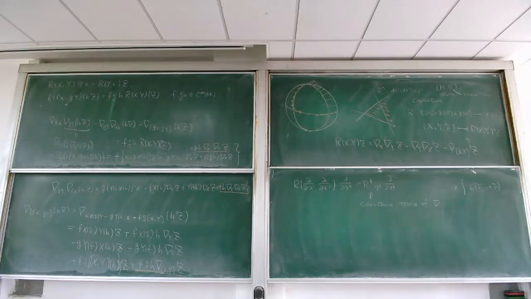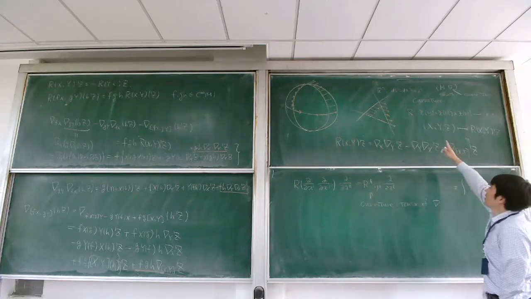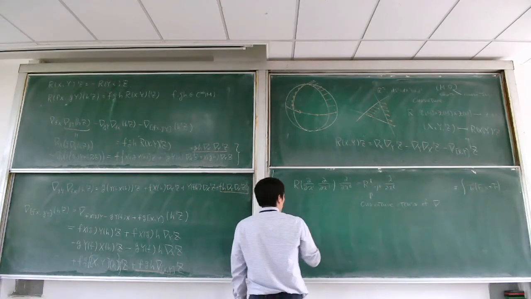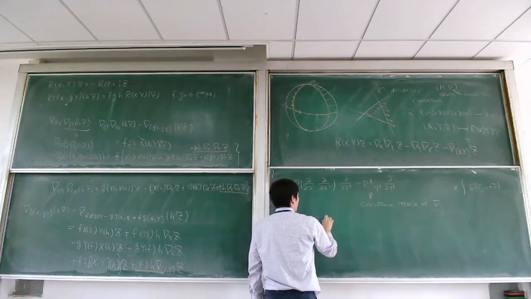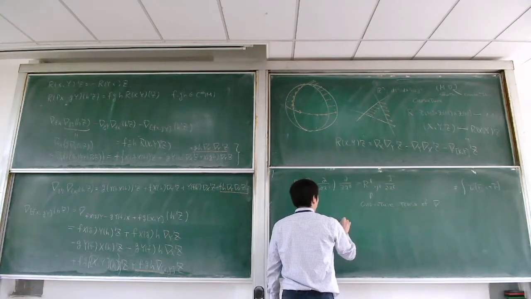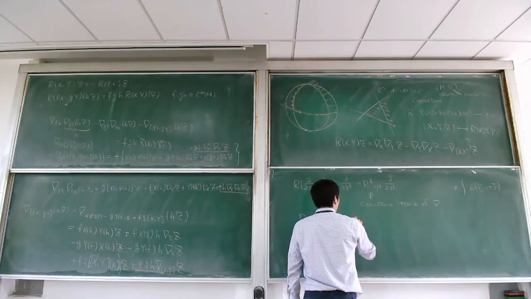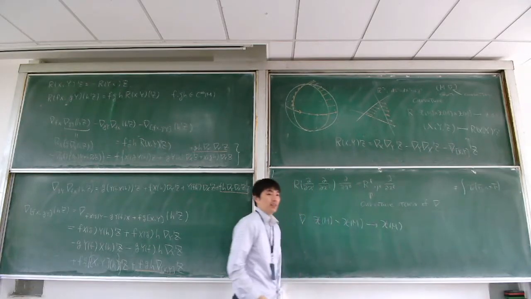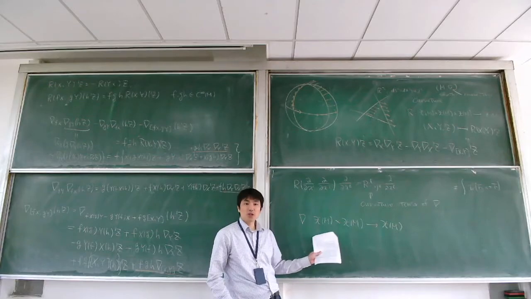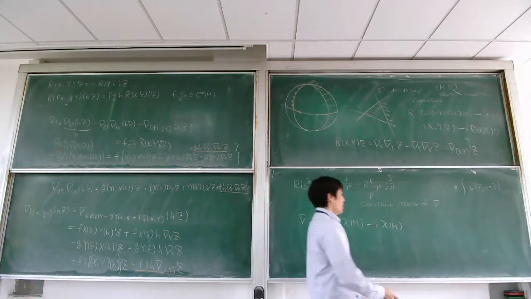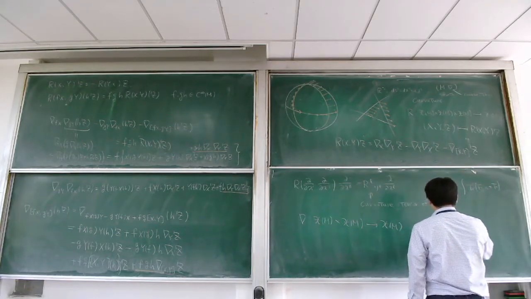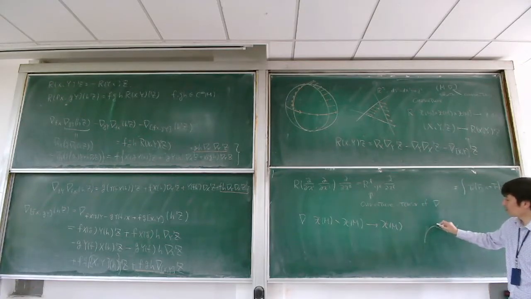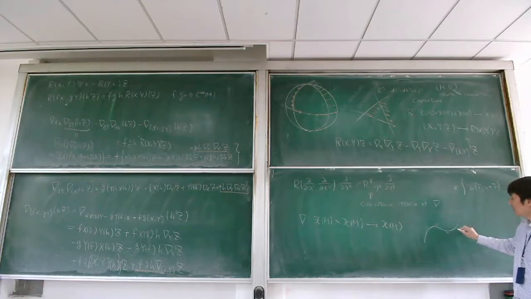So the reason why we need to have 3. Okay, the connection assigns to a vector another vector field. The reason why the connection needs 2 vectors is that along the curve we have a tangent vector. Okay, tangent vector along the curve.